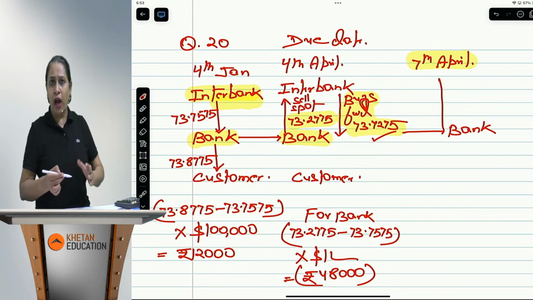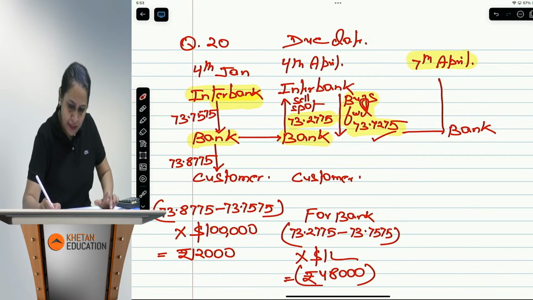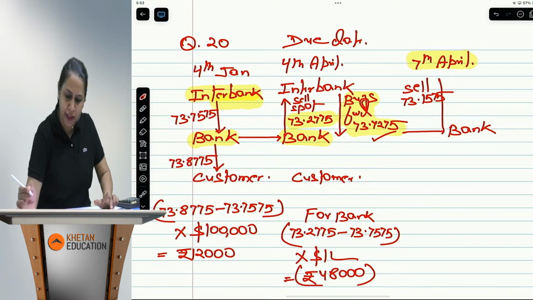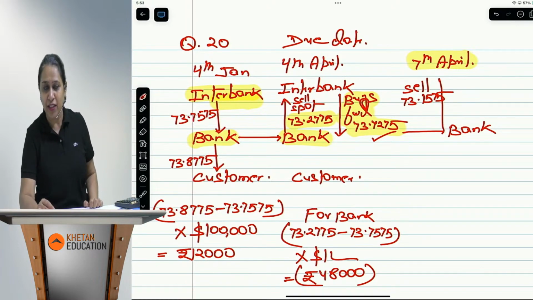If you're not coming till 7th of April and there's no intimation, the bank will go into the market and sell at the rate of 73.1575. Are you fine, guys? So this is the cancellation rate actually. This is the cancellation rate applicable to the customer also.